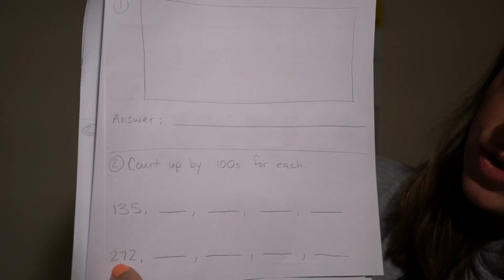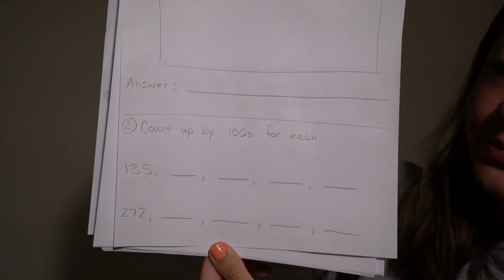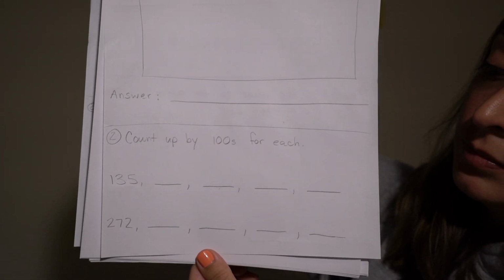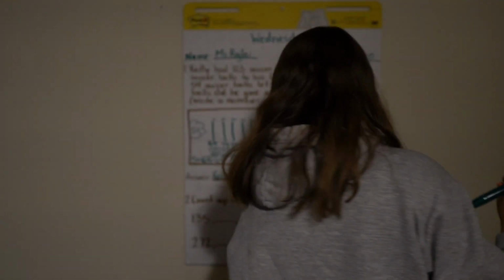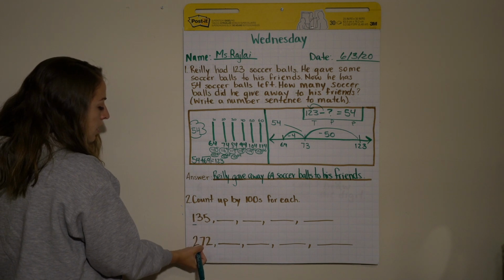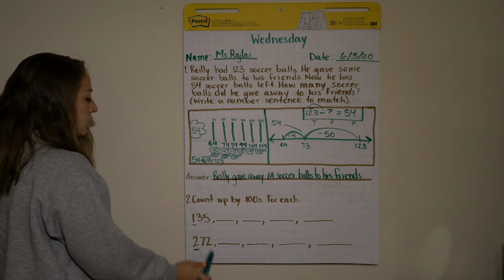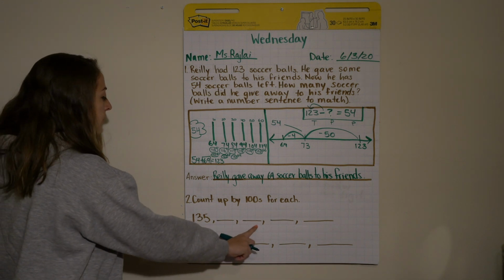Then you're doing 272 with 4 blank lines. Okay. It says count up by 100s for each. So your hundreds are going to change. Your 10s and your 1s will stay the same. So let's do this one first.